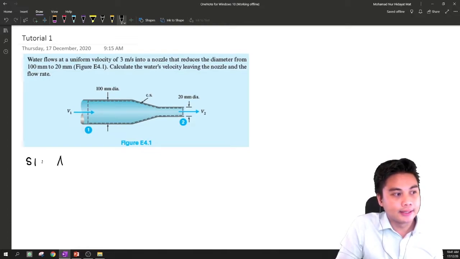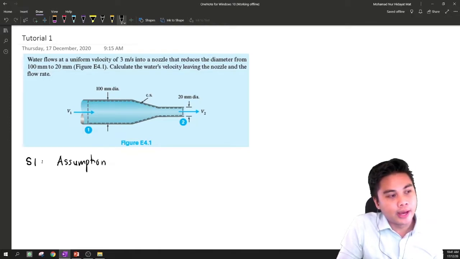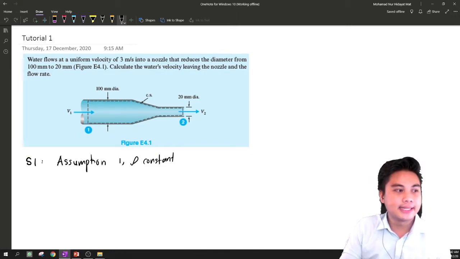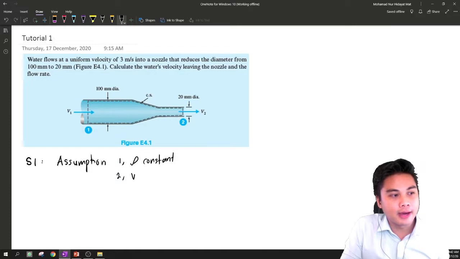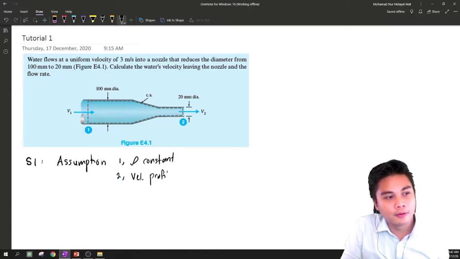And the second assumption is that the velocity profile is uniform.